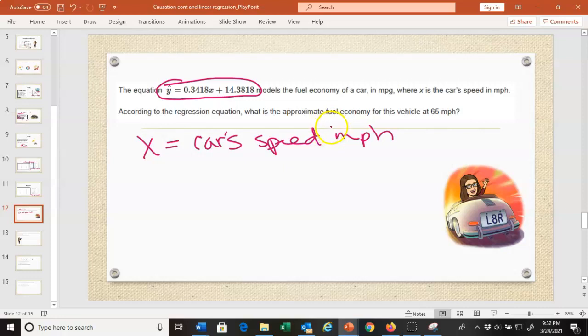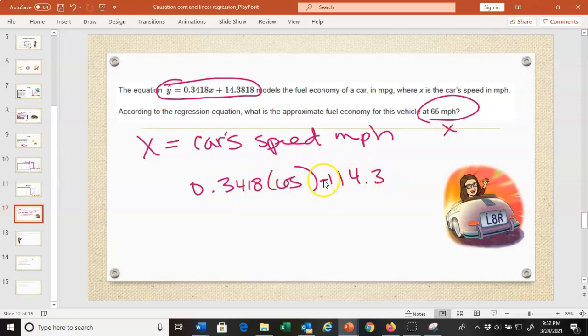So all we have to do, that's the speed, right? So that's X. All we have to do is plug in 65 for X, and that will give us the fuel economy approximation, the Y hat value.